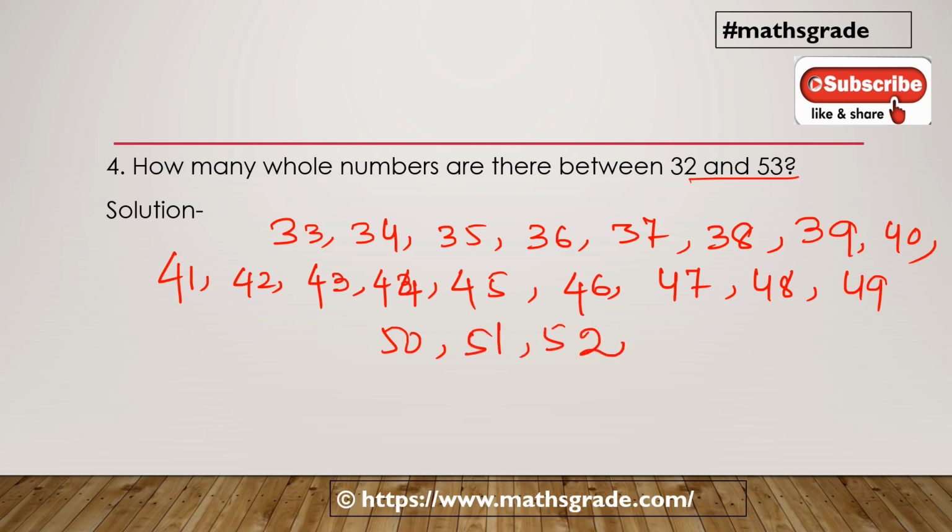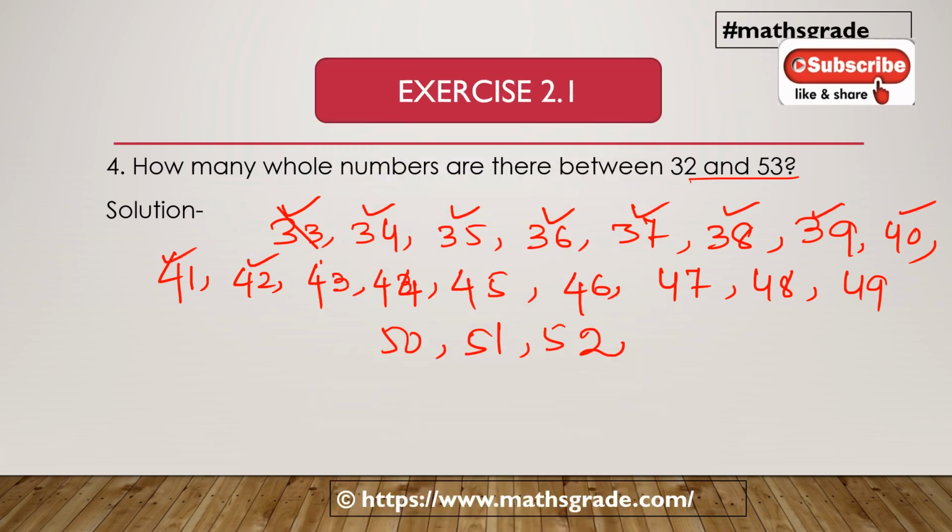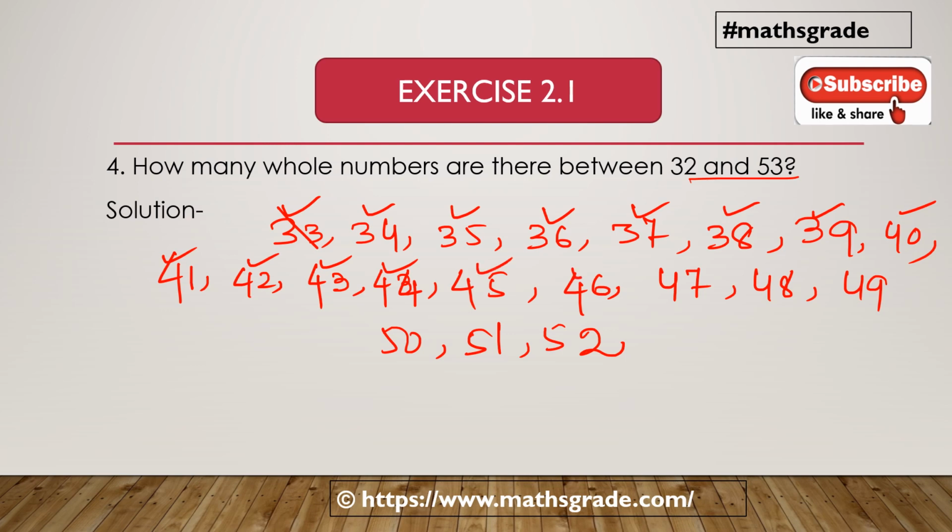Counting them, 1, 2, 3, up to 20. So between 32 and 53, there are 20 whole numbers.